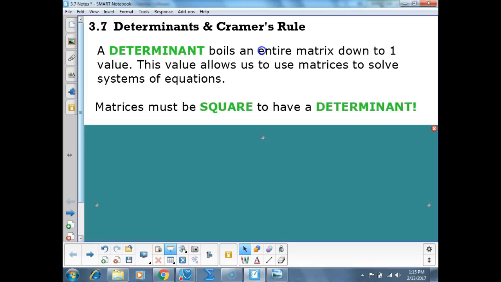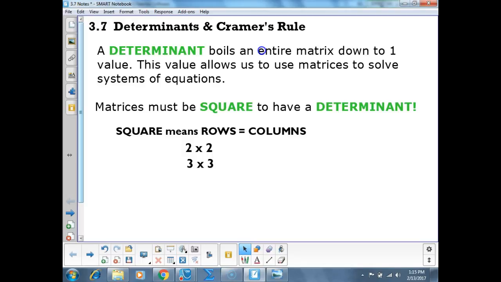You cannot find the value of a determinant on a non-square matrix. What does it mean to be a square matrix? Well, a square matrix is where the number of rows is equal to the number of columns. So a 1 by 1, a 2 by 2, a 3 by 3, an 18 by 18. All of those are square matrices. The number of rows equals the number of columns.